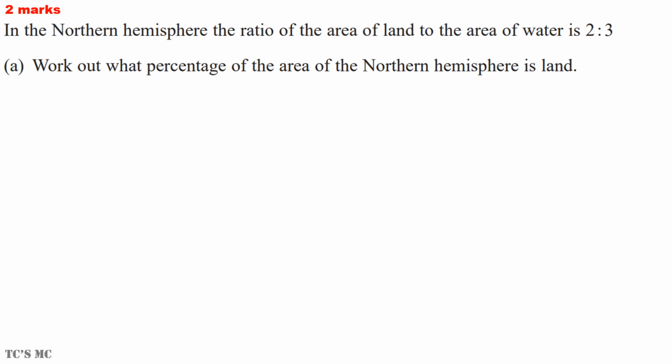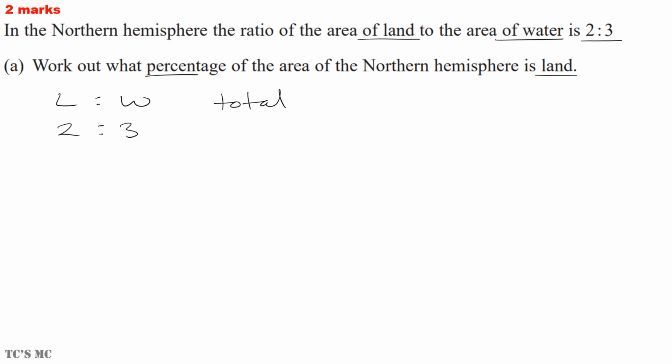In the northern hemisphere, the ratio of the area of land to the area of water is 2 to 3. Work out what percentage of the area of the northern hemisphere is land. I am going to use the headings land, water, and total. We know the ratio is 2 to 3.